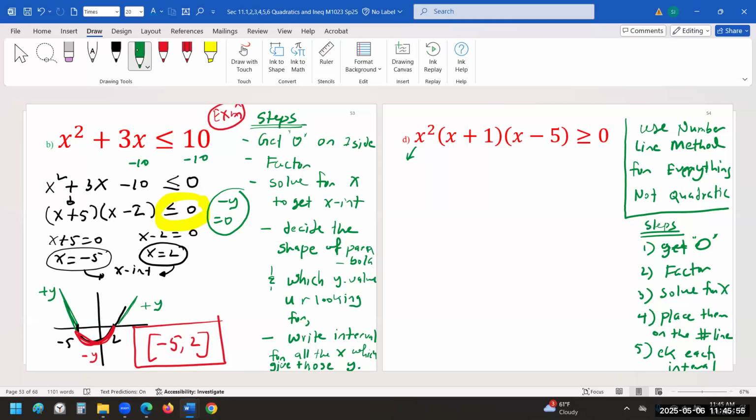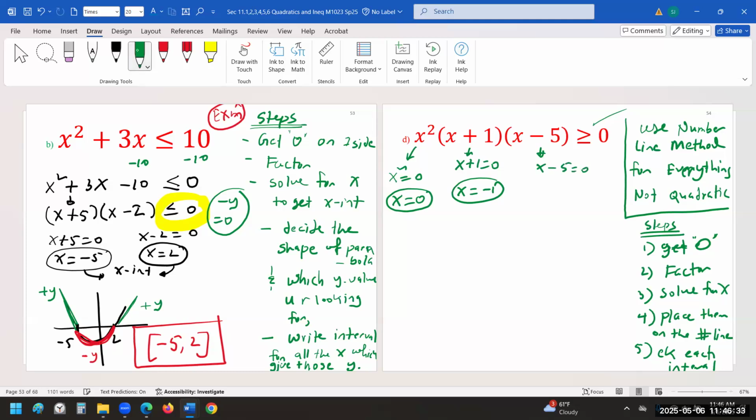So fortunately, we see 0. We are happy. And also all of these are already factored. So you don't have to do the first and second steps. We are going to the next step. Solve for x. So x squared equals 0 gives us x equals what? 0. This is our one x-intercept. X plus 1 equals 0, we get negative 1. This is another x-intercept.